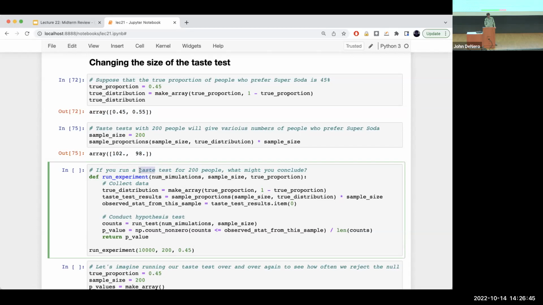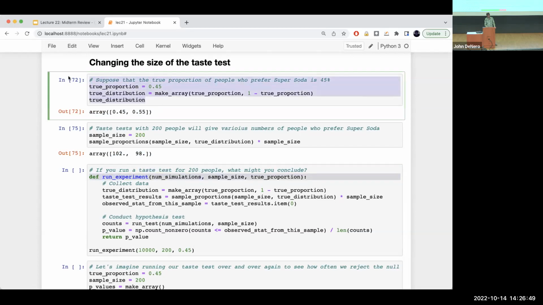So here's what we're going to do this time. We're going to pretend we know the world. We live in a world where the truth is that 45% of the people like super soda. Now, if we knew this, there's no reason to run a hypothesis test. If you know what's going on in the population, what's the point of sampling? There's no point. Just look at the population. But let's just see what would happen if this were the world. 45% of people like super soda.